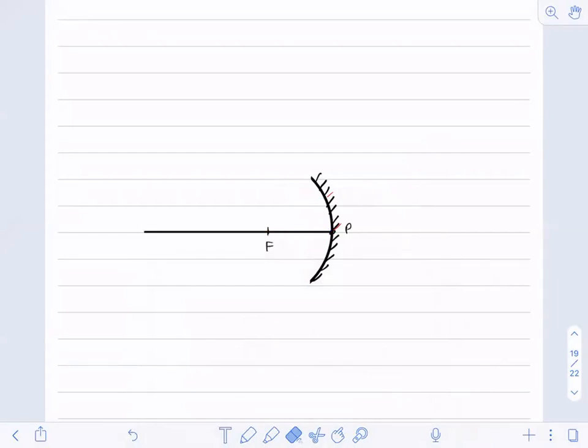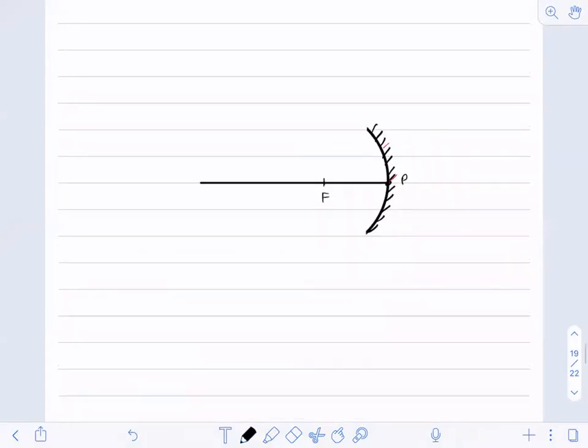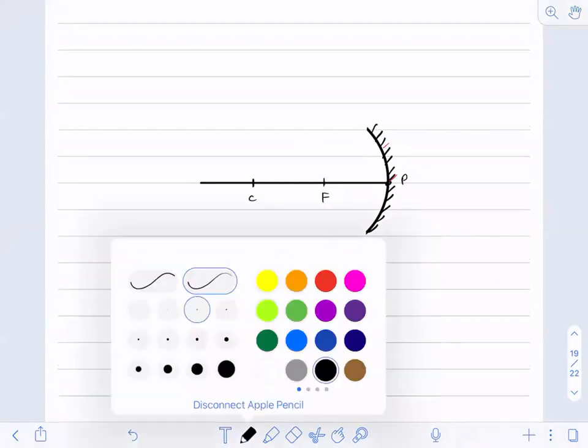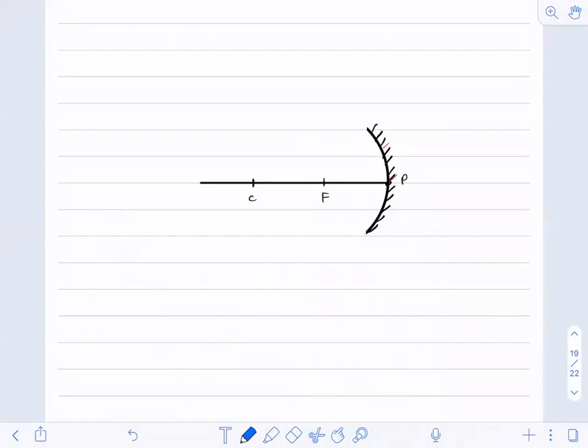Now see here, we have the pole, focus, as well as the center of curvature. I told you 6 different cases. In blue color, I'll mark all those places where you have kept the object.